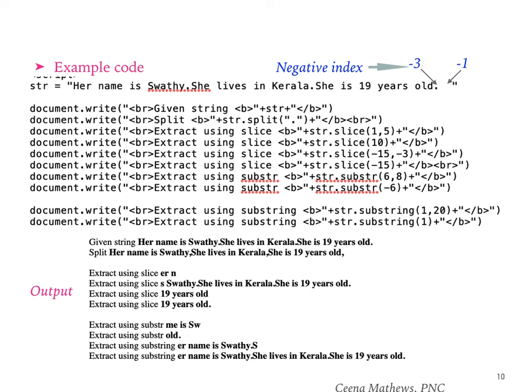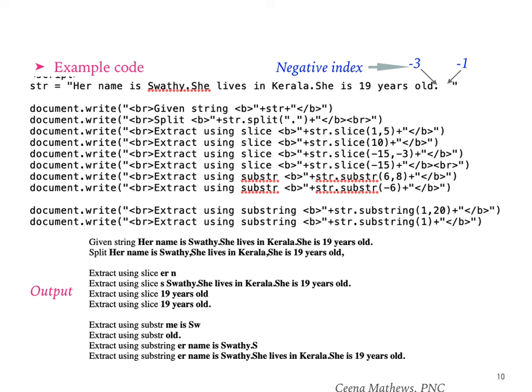Next is using negative indexing in slice. The start position given is -15 and the end position is -3. This indexing is from the end of the string. The -15 here is the 1 in 19 years, and -3 is the D in old.